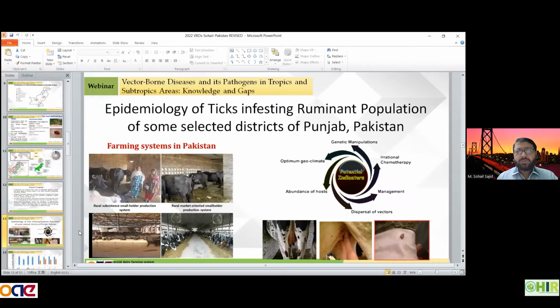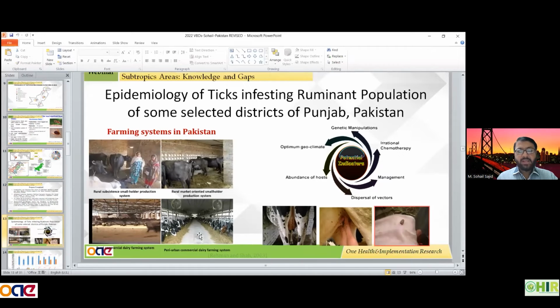The epidemiology of ticks: we worked on 4 kinds of farming systems in Pakistan, which are shown on the left side of the slide, which are the rural subsistence smallholder production system, and then the rural market-oriented smallholder production system, and then below are the commercial dairies on a rural scale and the peri-urban scale on the lower panel.